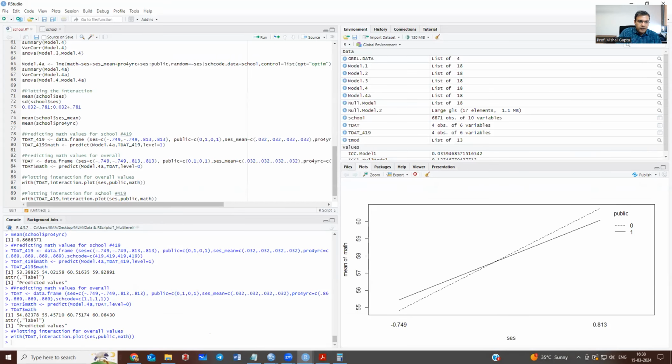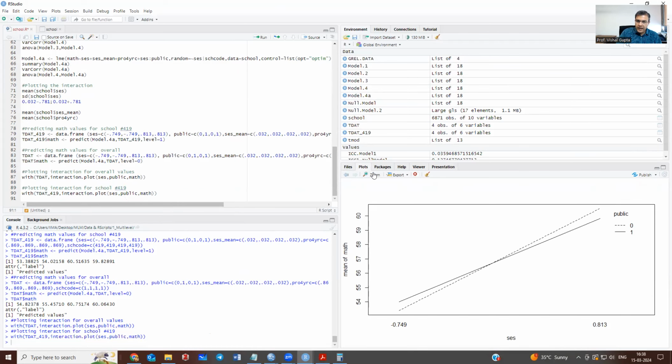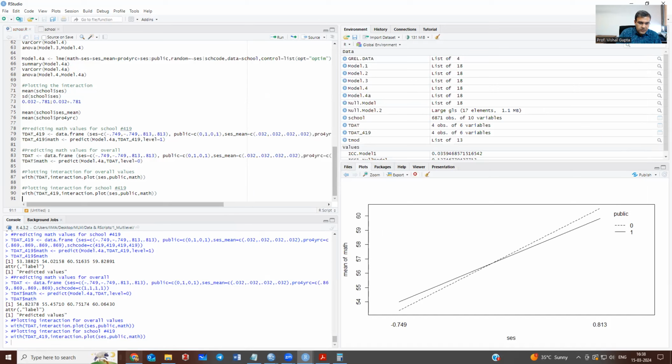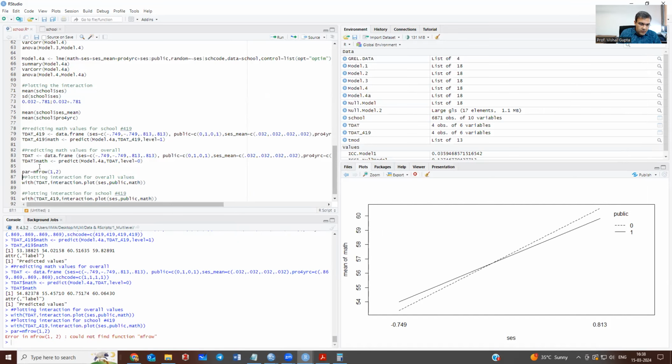Then I can also do the interaction plot for this specific school 419. I run this and you will see the lines are slightly different. Okay, actually let me just write one command. It says par(mfrow = c(1, 2)). Just a minute, I will write a command.